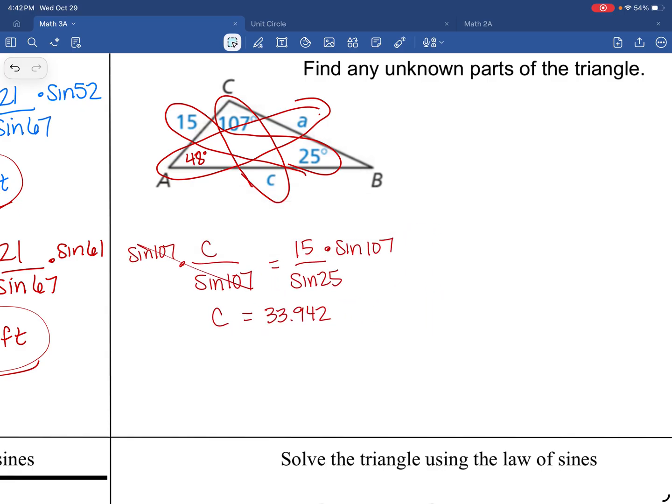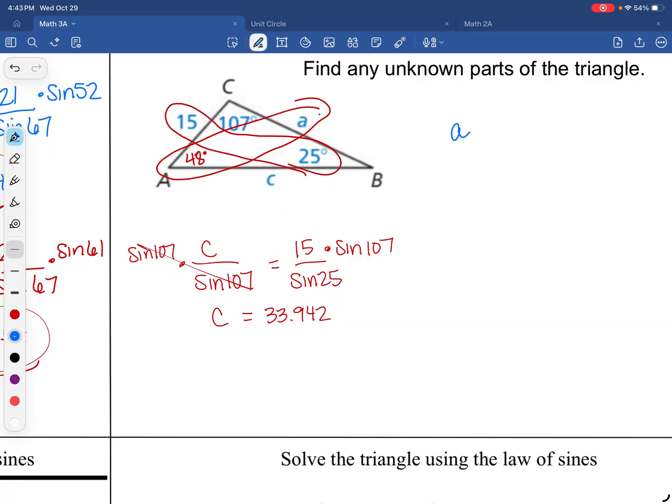Okay. I'm going to use the same 15 and 25 side. So we're looking for A with sine of 48. And it's matched up with 15 from sine 25.